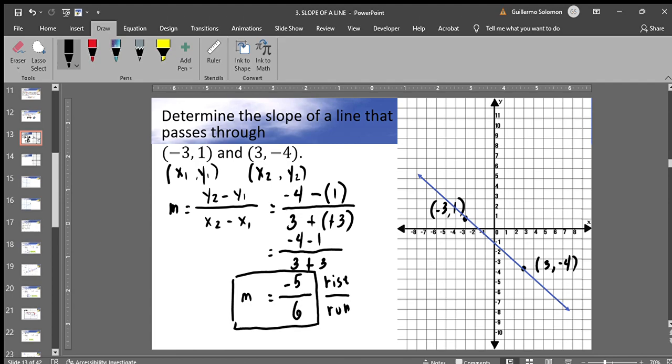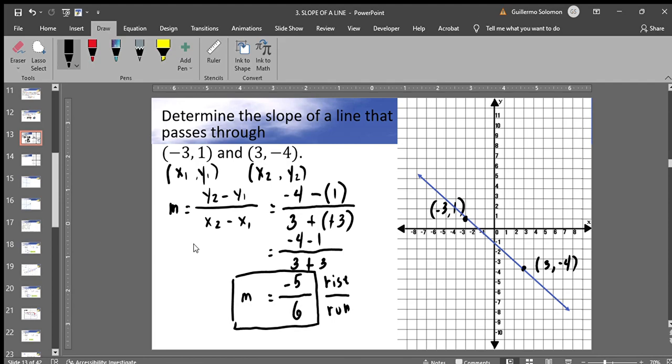Let us say that this is the first point, negative 3, 1. This is our first point here.